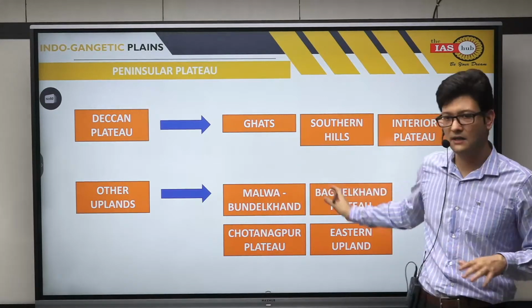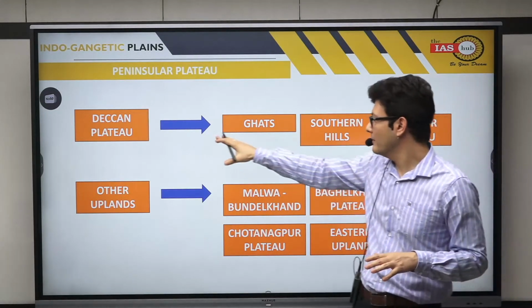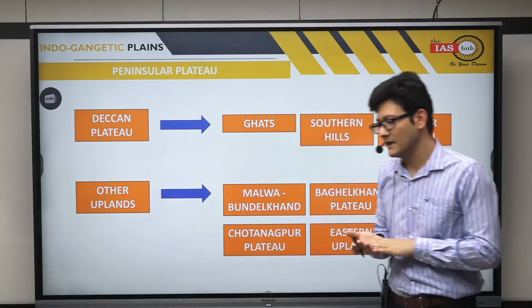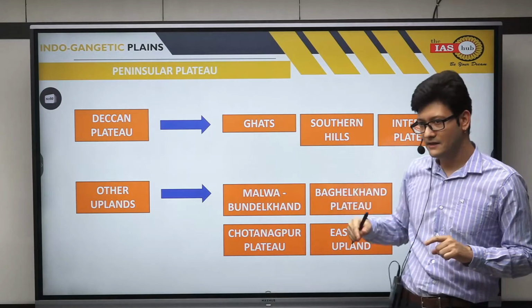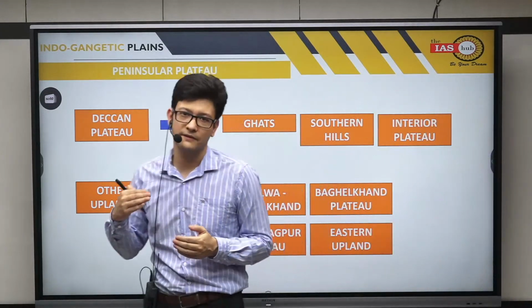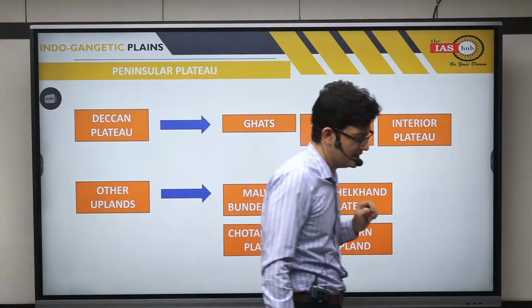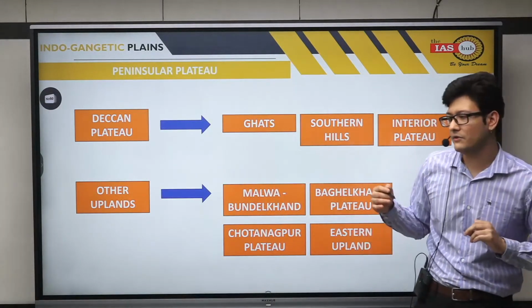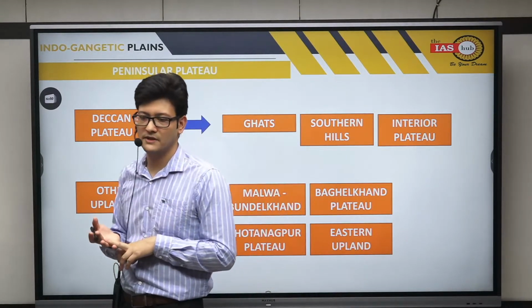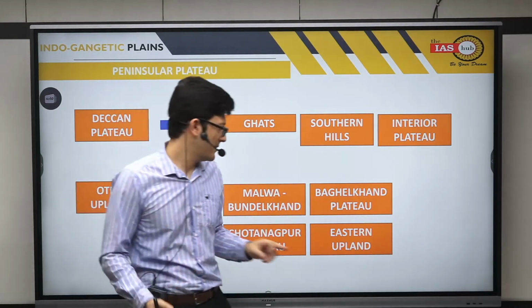We'll discuss these other uplands separately. But within the Deccan Plateau we'll be discussing the Ghats, the western Ghats and the eastern Ghats, the southern hills, which you will find after Nilgiris in the southern part of Tamil Nadu, and then we'll have the interior plateau, which consists of many plateaus, including the Maharashtrian Plateau, or you can say Karnataka Plateau, and the Telangana Plateau.